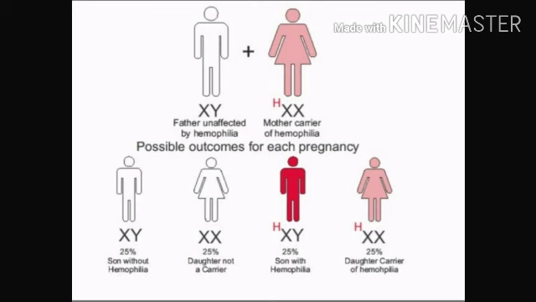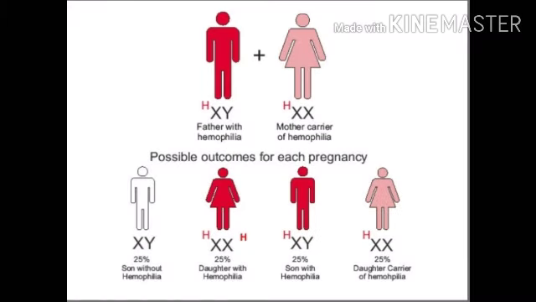And 25% daughter is a carrier of hemophilia, because she gets one chromosome from the mother and one from the father. What she gets from the father is unaffected, but what she gets from the mother is affected, that's why she is a carrier.